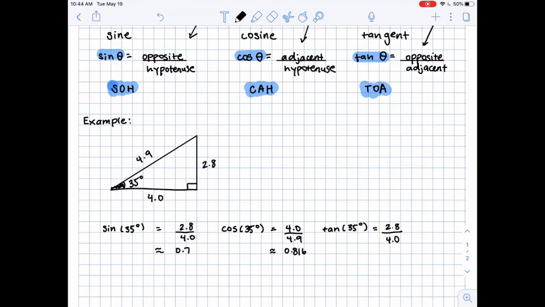Alright. I made a mistake. Sine of 35 degrees, opposite over hypotenuse. The hypotenuse is not 4.0, it's 4.9. So, I made a mistake if you're watching this. So, 2.8 divided by 4.9 is 0.57.